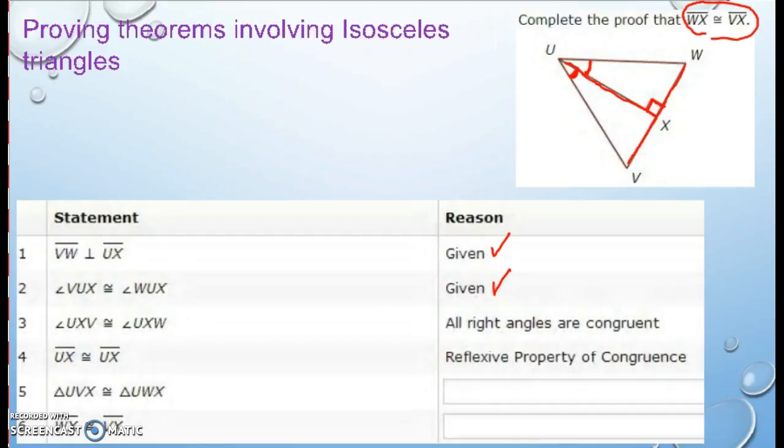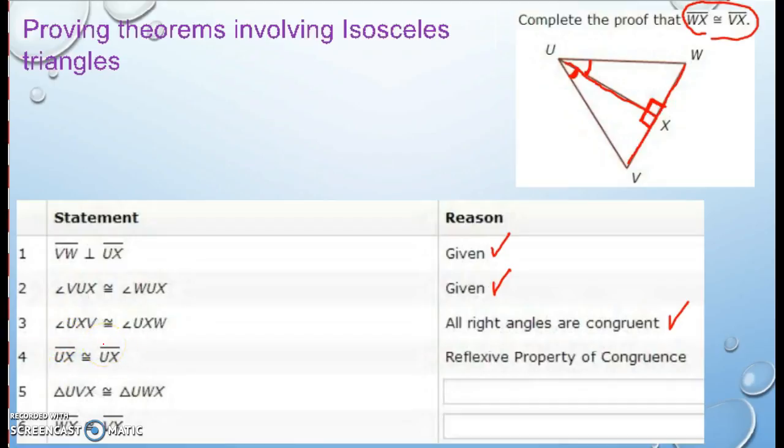Now, looking at these triangles, and looking that I was given a box in the corner of these perpendicular lines, that means that not only is angle UXW 90 degrees, but so is UXV, because the box implies both are 90 there. So I can say that angle UXV is congruent to angle UXW because all right angles are congruent. They both equal 90 degrees.